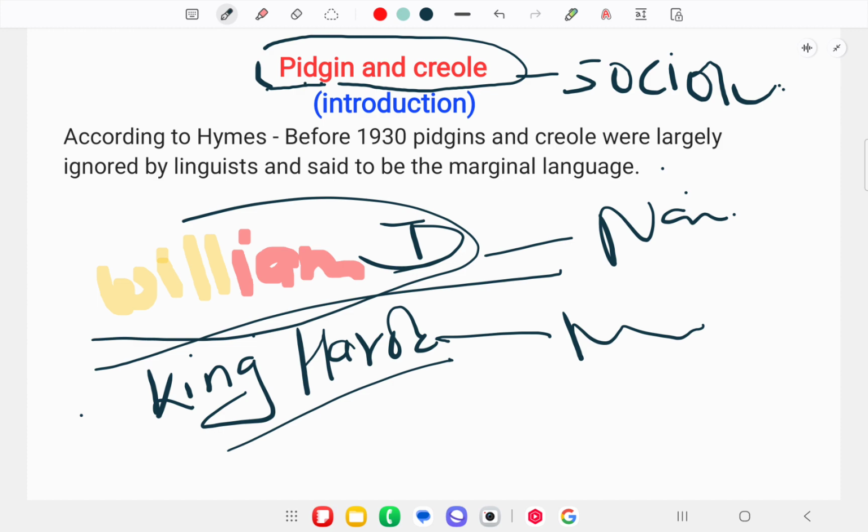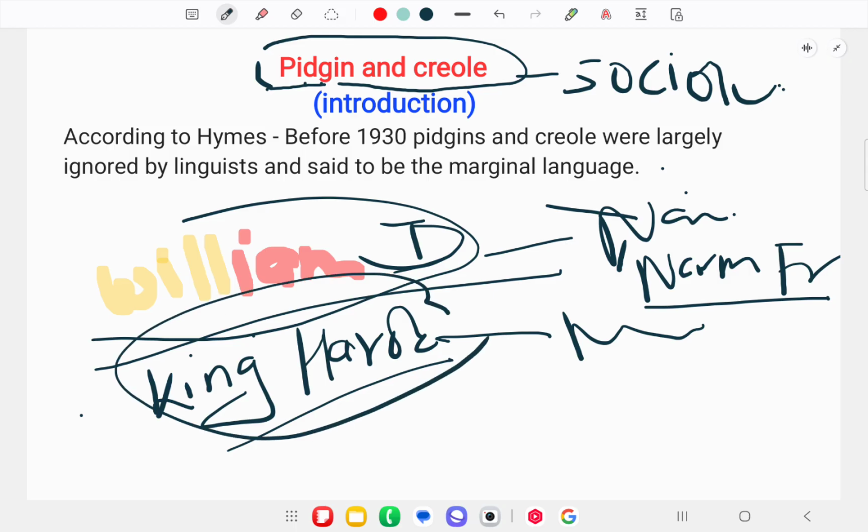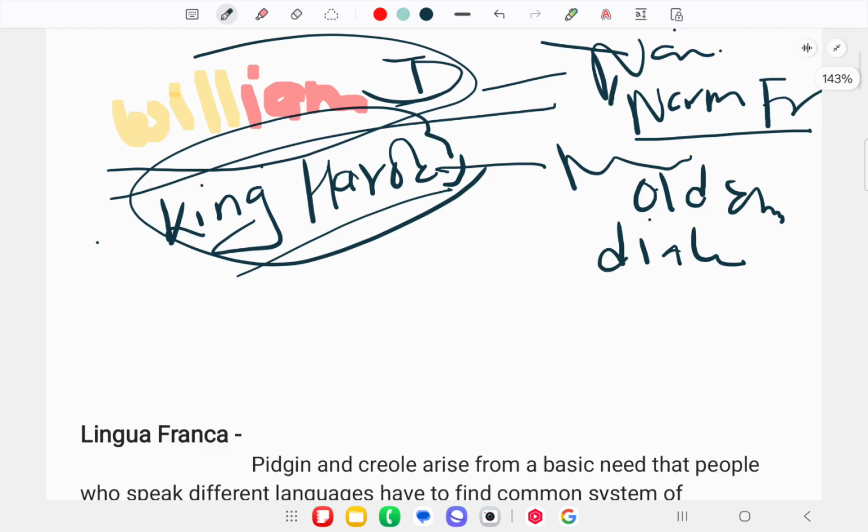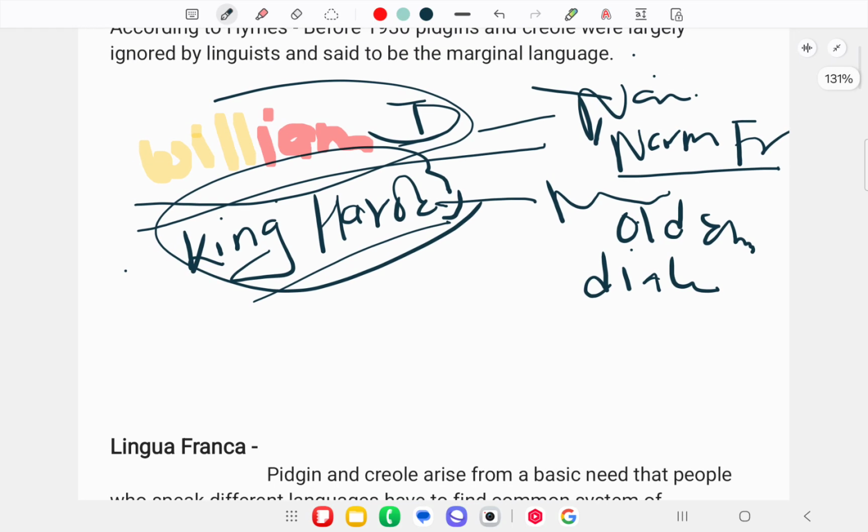The language of the Duke of Normandy was Norman French, while the language of King Harold, the Anglo-Saxon Old English period, was the Old English dialect.